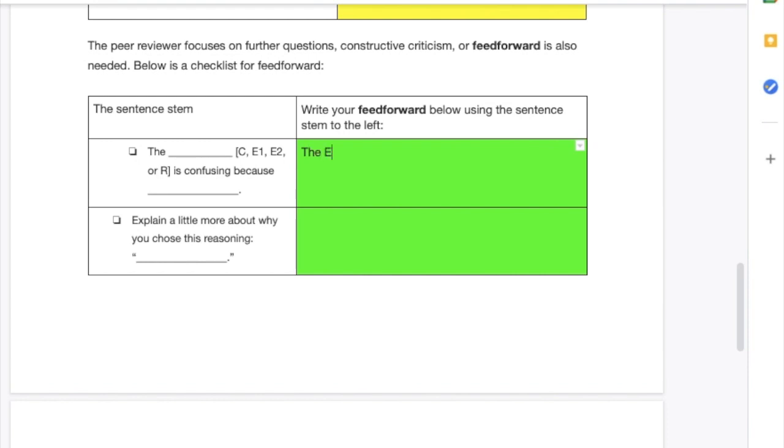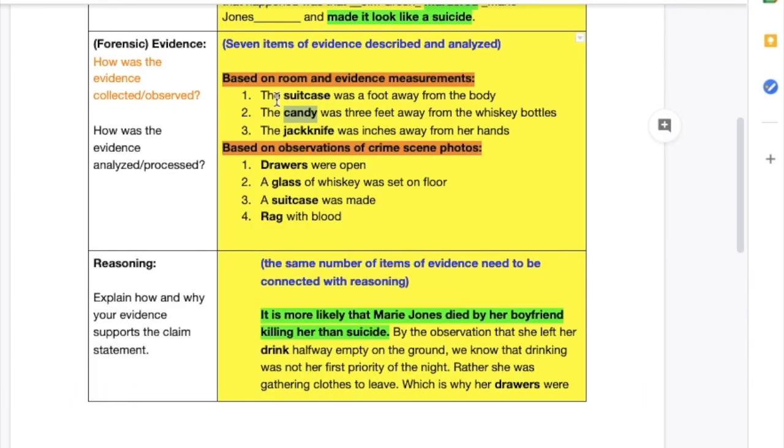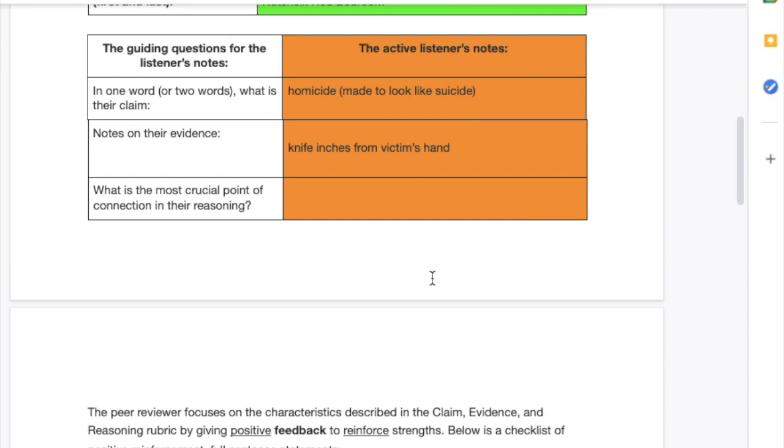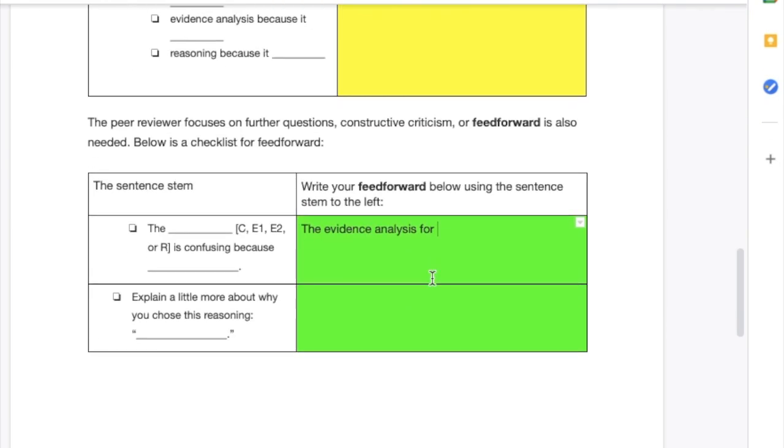The E2, and we need to say what E2 is. That's the analysis part of evidence. So E1 would be how's the evidence gathered? That is clear, but evidence analysis for suitcase was made. I'm not sure what that means. For the suitcase, it is confusing because it's either unclear or incomplete. Okay, and then explain a little more about why you chose.